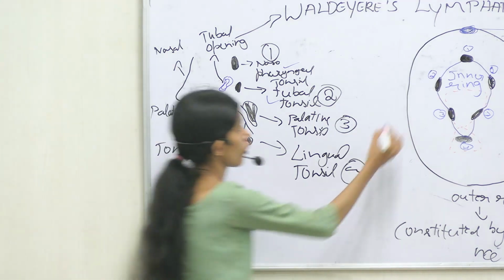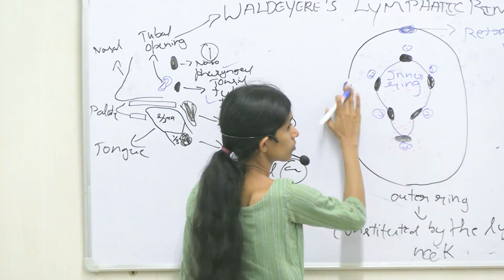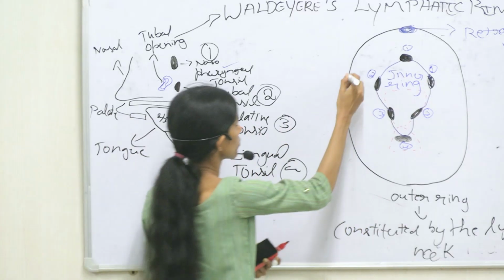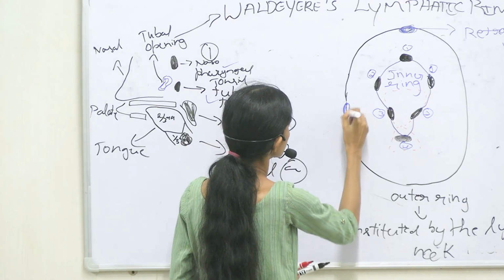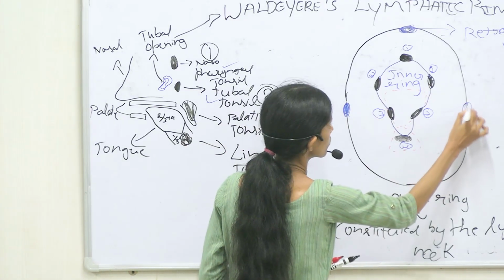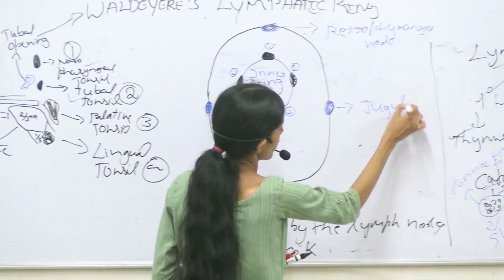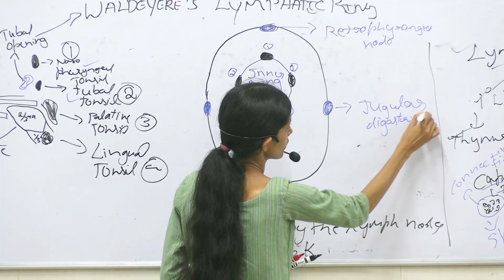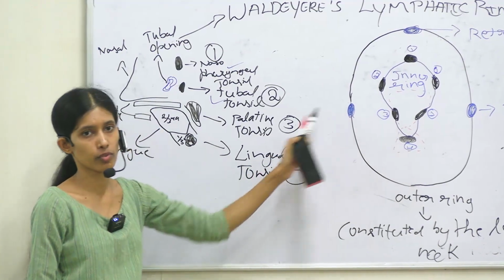Okay. Then followed by this, we have the jugular digastric node, to which your palatine lymph nodes will drain.